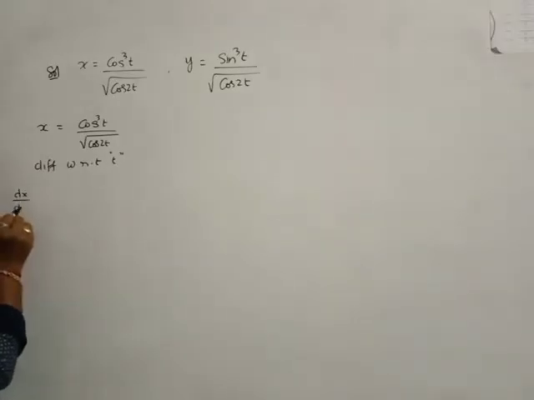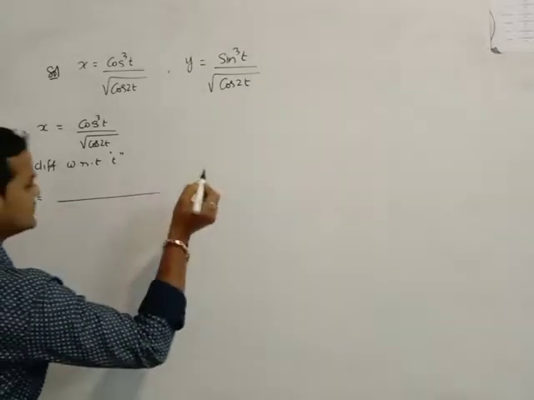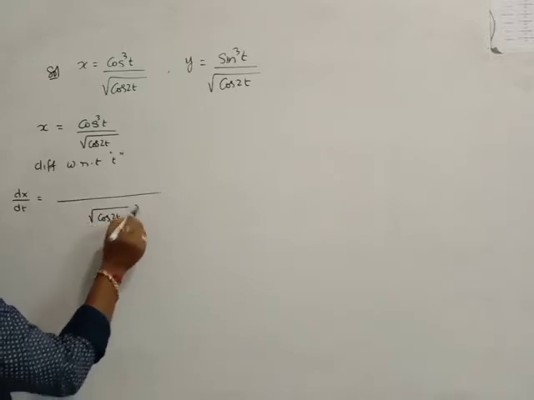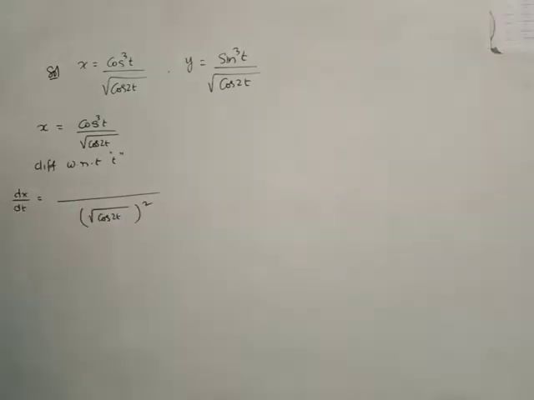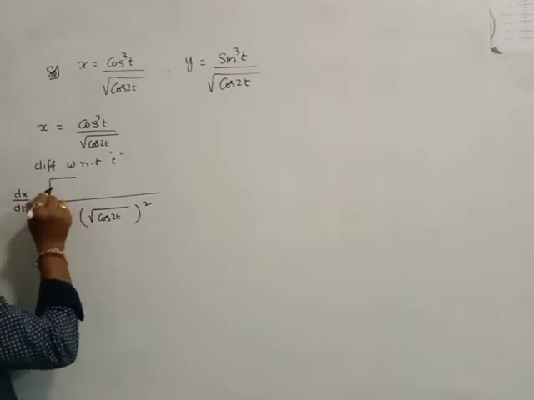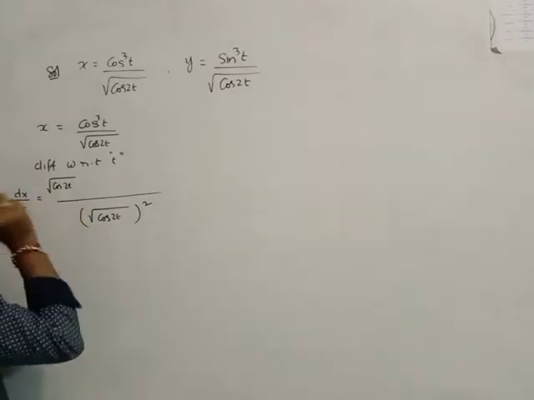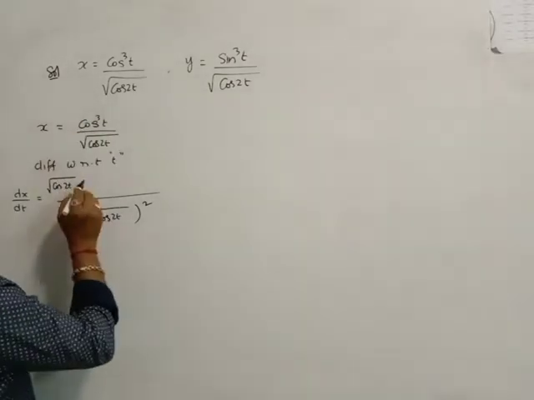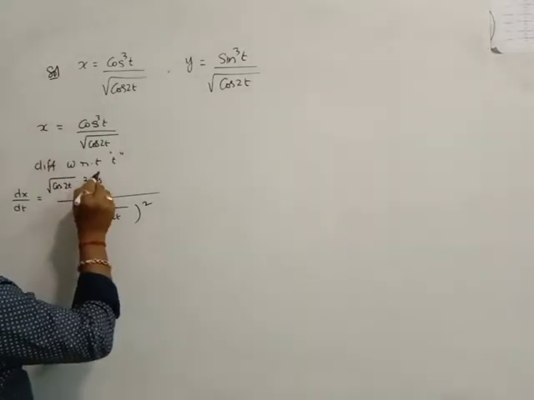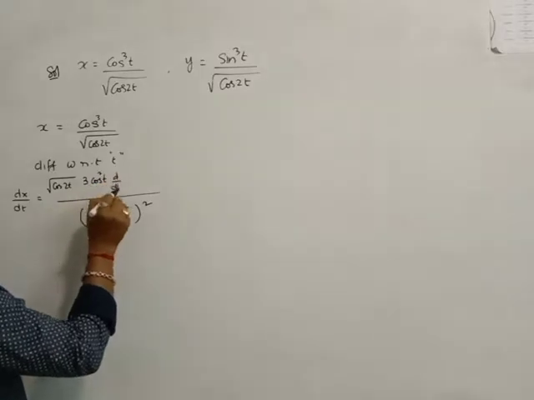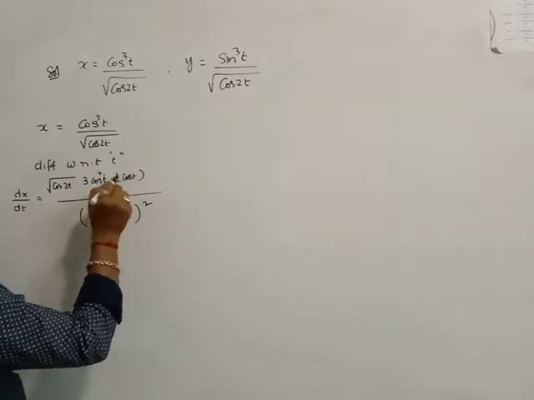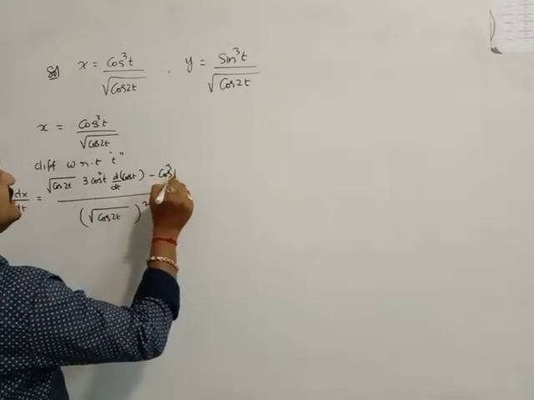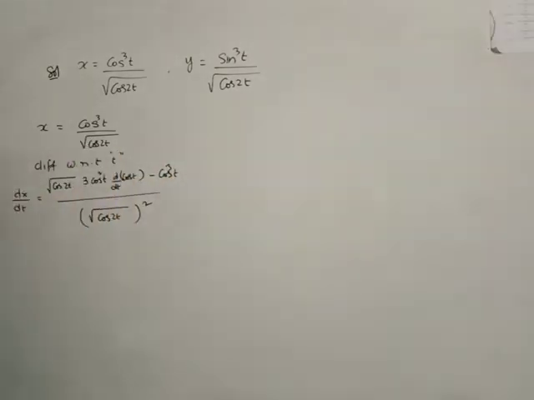So dx by dt is equal to, by root cos 2t whole square, because it is v square, v into, that is cos 2t, into the derivative of cos cube t. The derivative of cos cube t is 3 into cos square t into d by dt of cos t, minus cos cube t into the derivative of root cos 2t.